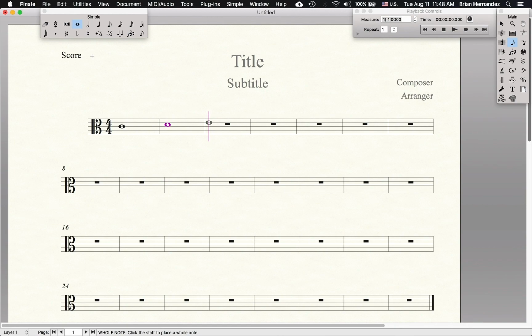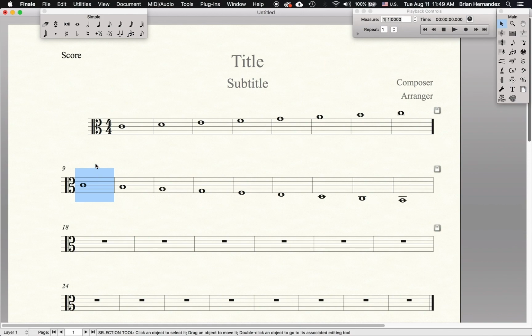D4, E4, F4, so we have middle C, C4, D4, E4, F4, G4, A4, B4, C5.